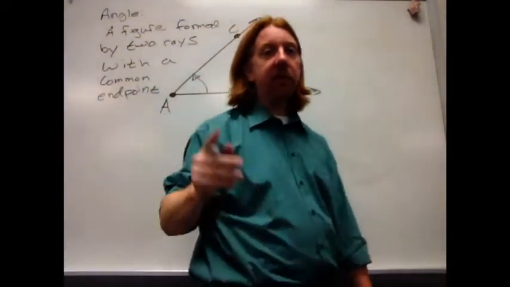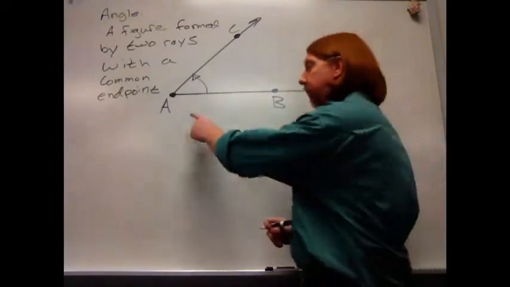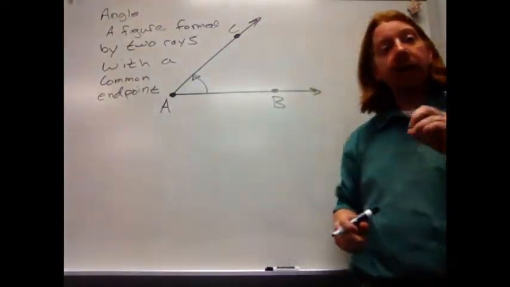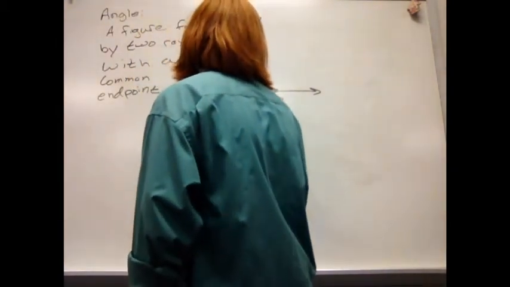So that would be the definition of angle, a figure formed by two rays with a common endpoint. Right there. Now that endpoint we call the angle's vertex.